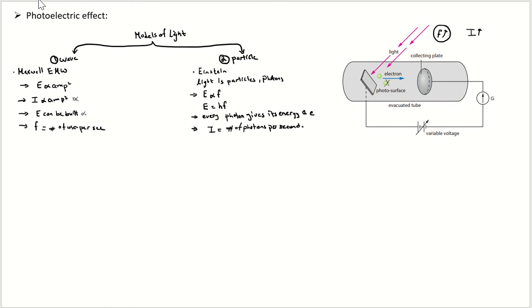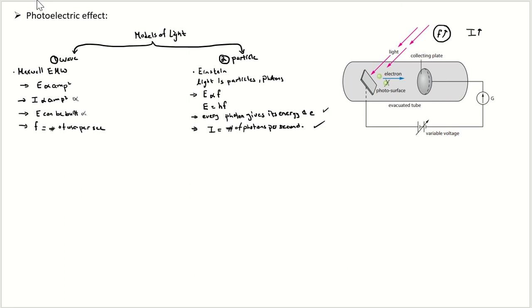So let's say that the electron has a certain value of kinetic energy before increasing the intensity. After increasing the intensity, only the number of electrons will be more, but all of them will have exactly the same kinetic energy, which means that the intensity is the number of photons per second, and that every photon is giving its energy to one electron.